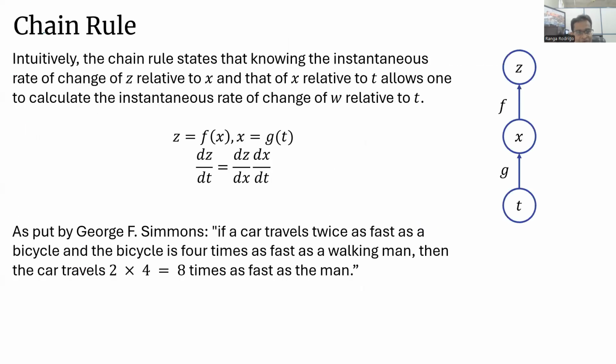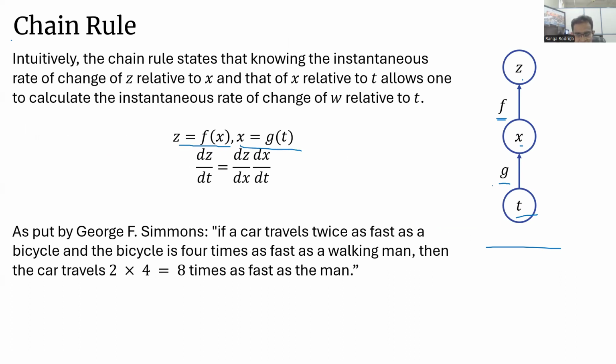Now the chain rule. This is a computational graph, as you can see. In this case, Z is a function of x, and x is a function of t, and those functions are f and g respectively. So you can see Z is f(x), x is g(t).